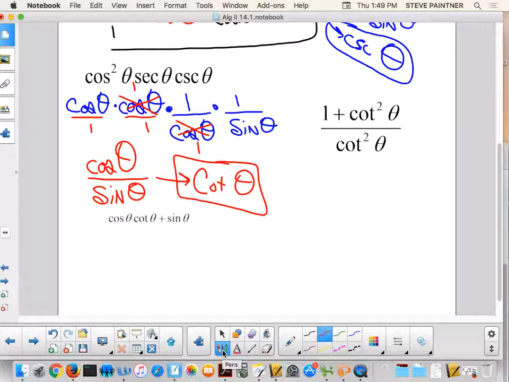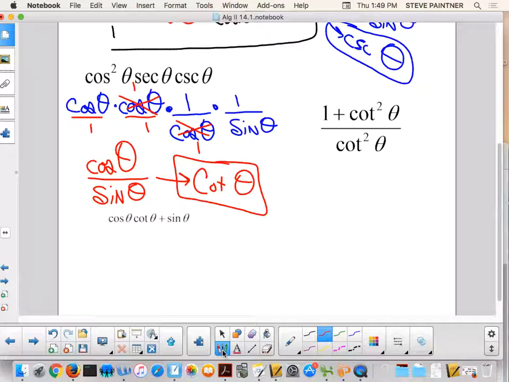All right, here we go. So what's next? Work it down. Are you guys looking? Cotangent squared and a 1. That's a Pythagorean identity.